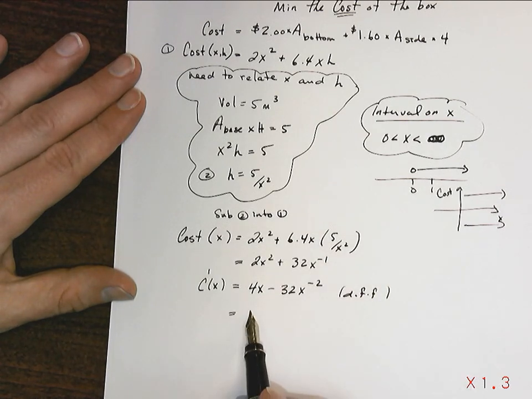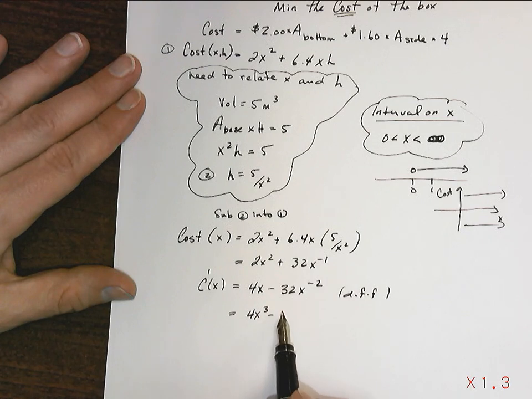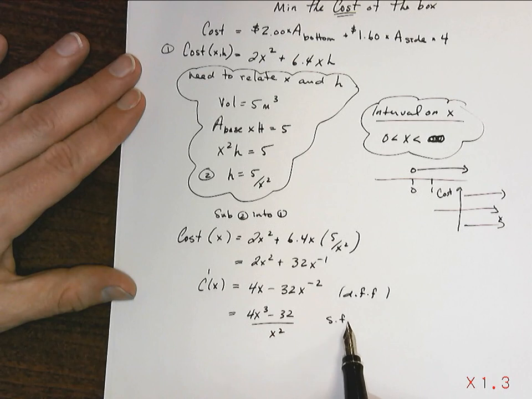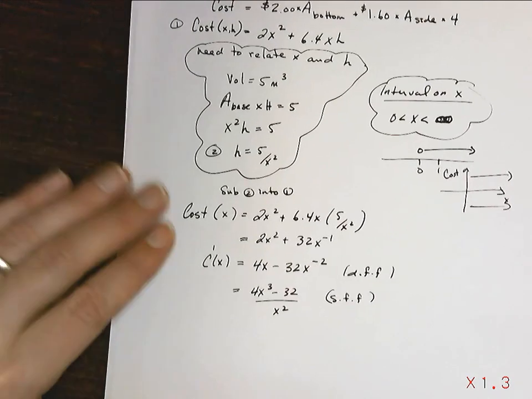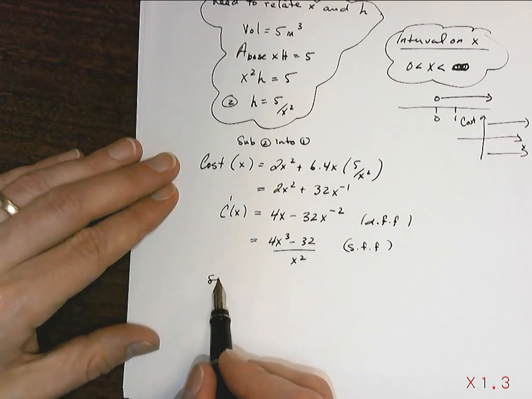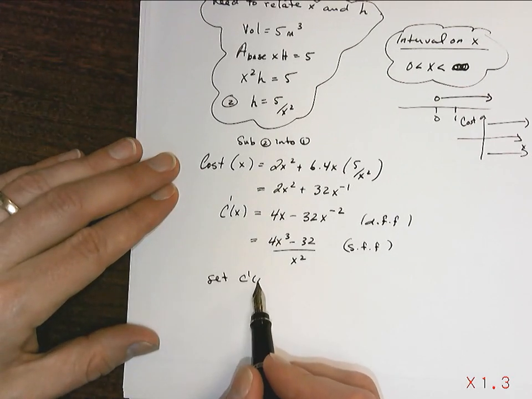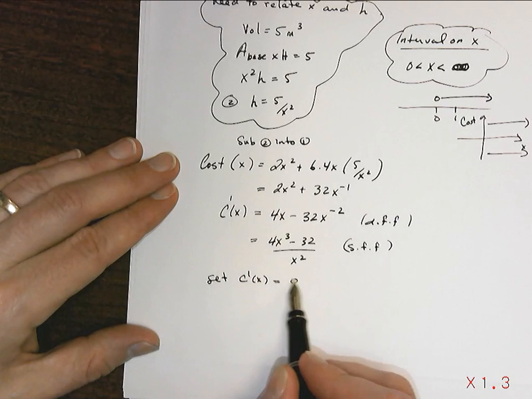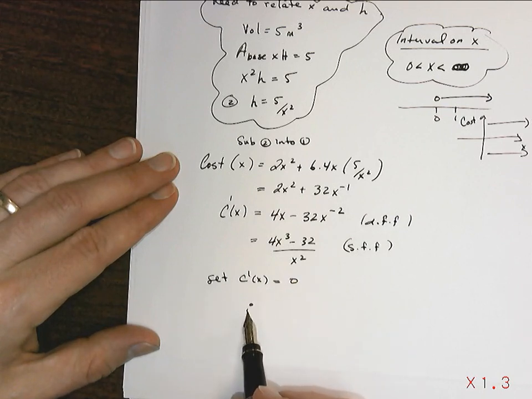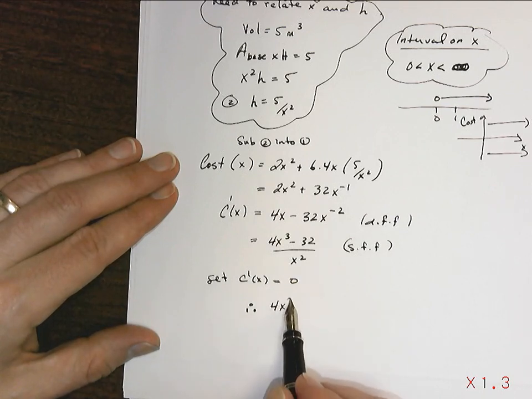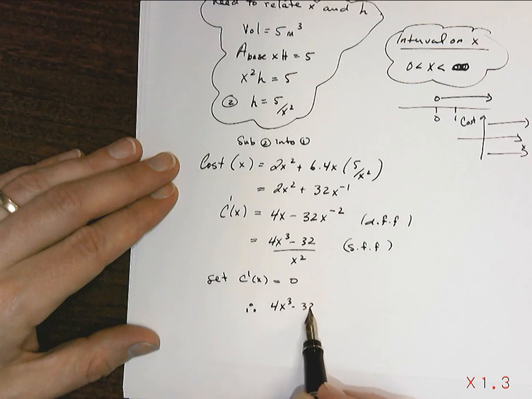My solving-friendly form. We're going to set that equal to 0 to find the critical values. That's the only part that I care about.